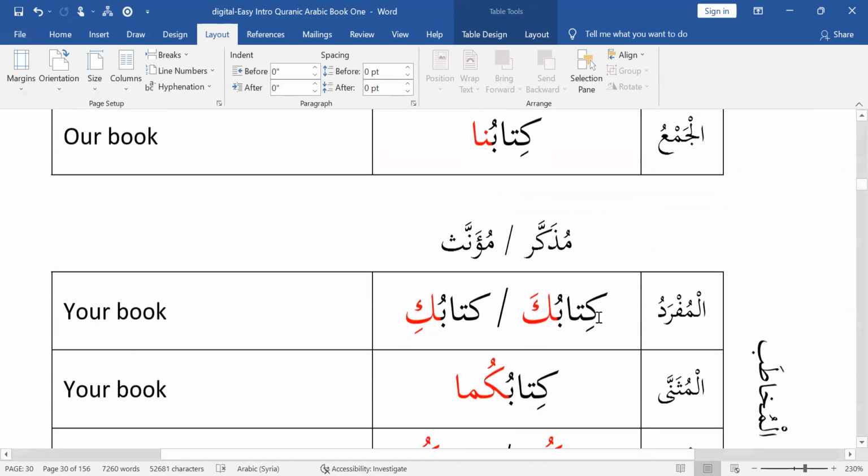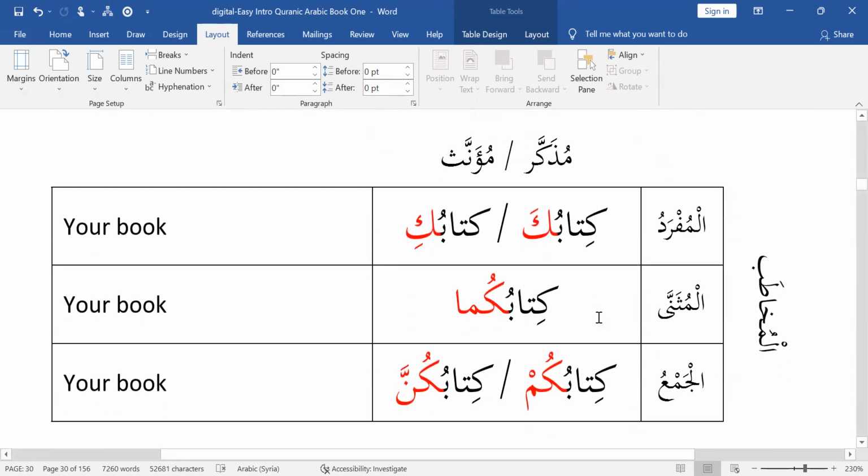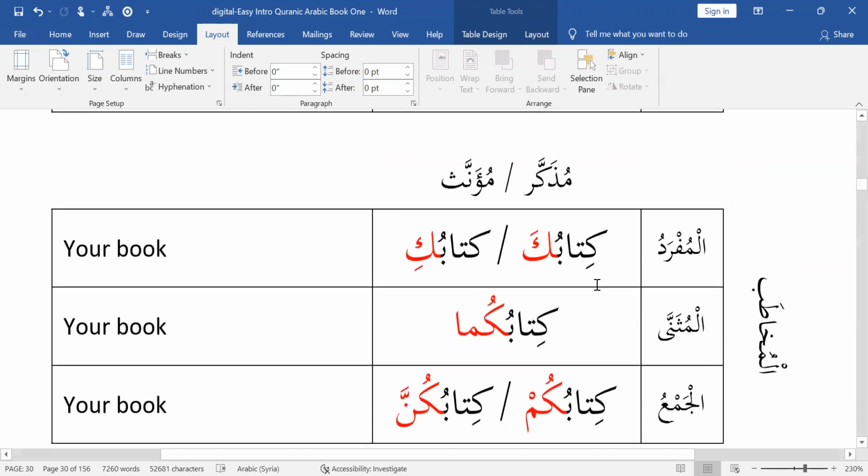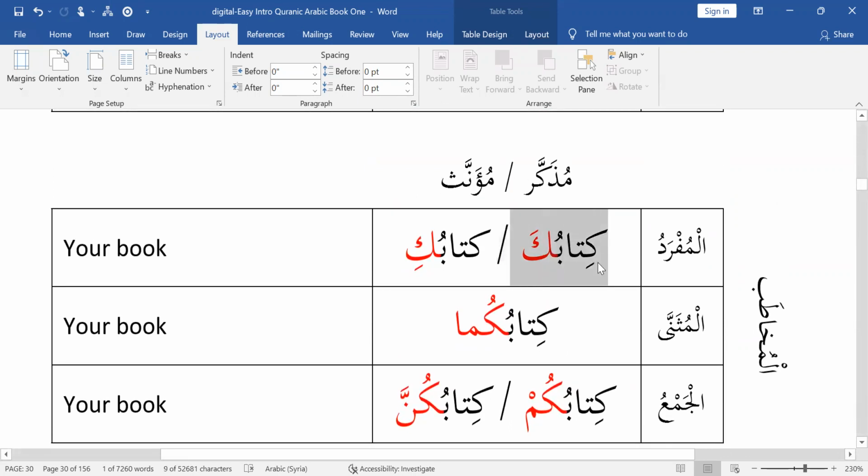What about the second person? If I'm talking to you and you're a boy, and I say your book, I say kitabuka. Kitabuka is for a boy. But if I'm talking to a girl, I say kitabuki, your book. Okay, so you can see the gender is different. Kitabuka, your book for a boy, and kitabuki, your book for a girl, and they both are singular.